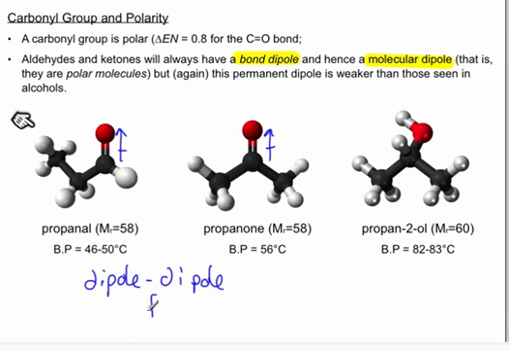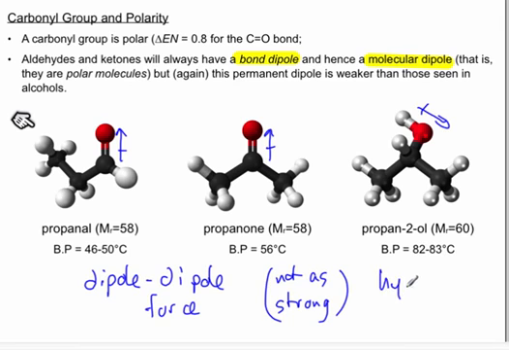We're going to talk about these later, but the dipole-dipole force is not as strong as what's seen in alcohols. Here's the polarity in the alcohol. That's known as hydrogen bonding. So hydrogen bonding is stronger than dipole-dipole force as a force of attraction between molecules. So the aldehydes and ketones of similar molecular mass to an alcohol have a slightly lower boiling point.